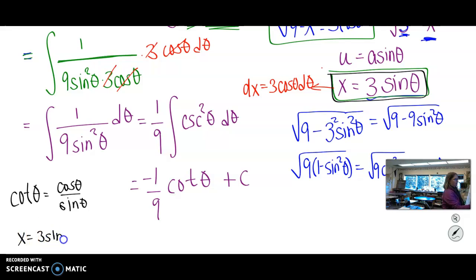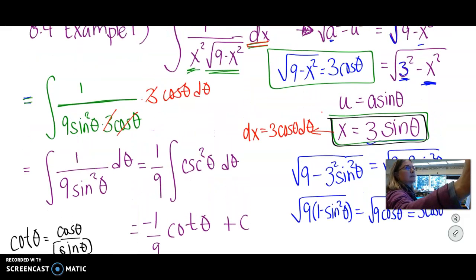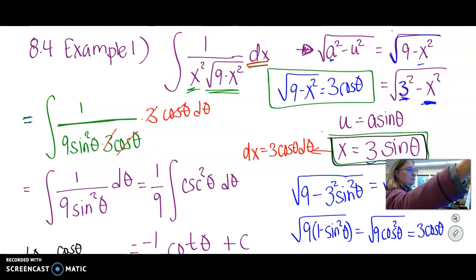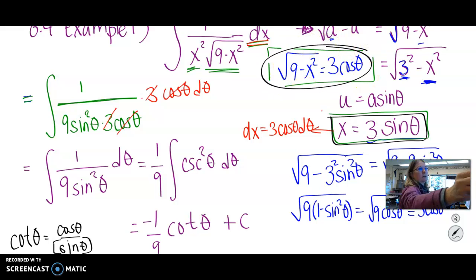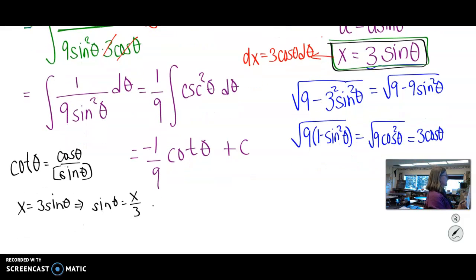So if we solve that for sine of theta, because we're going to substitute our sine of theta in terms of x, you get sine of theta is equal to x divided by 3. And likewise, we've got to figure out what cosine is, and we had this right here, 3 cosine theta, we have 3 cosine of theta equals the square root of 9 minus x squared.